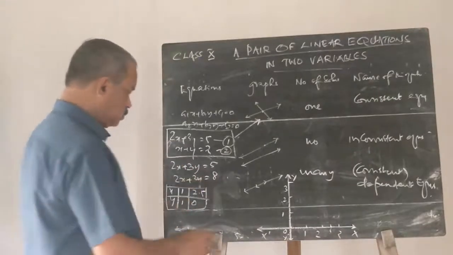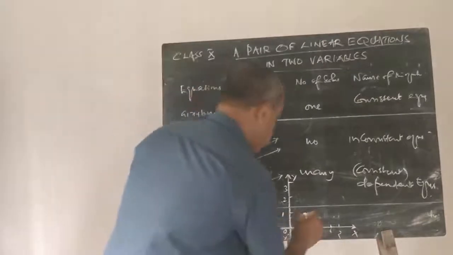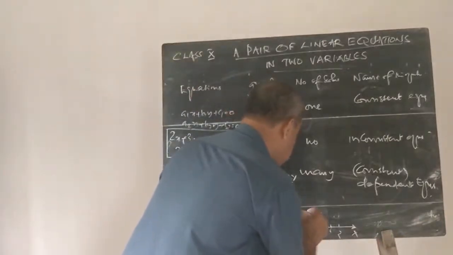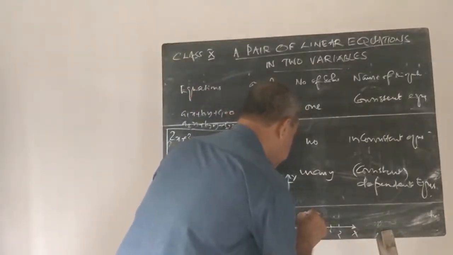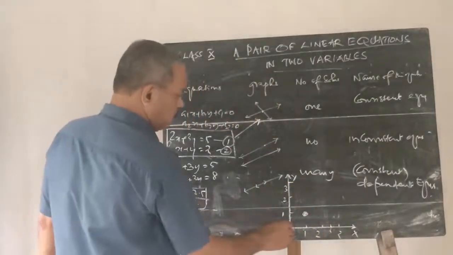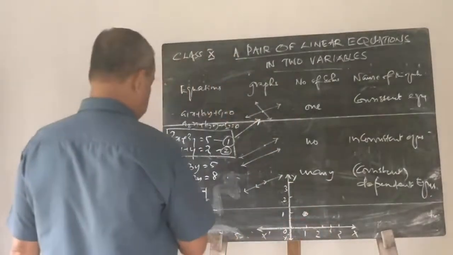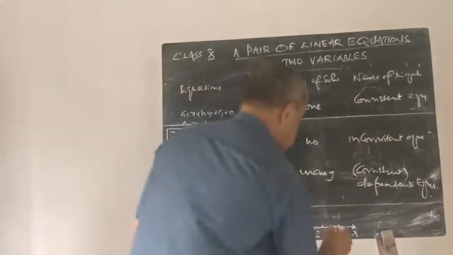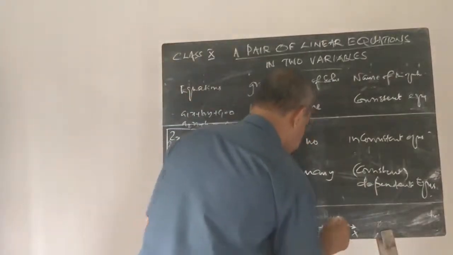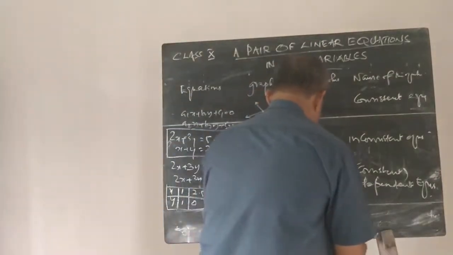Then plot these points. This is the point 1, 1: x coordinate 1, y coordinate 1. And x coordinate 2.5, y coordinate 0. Then graph.